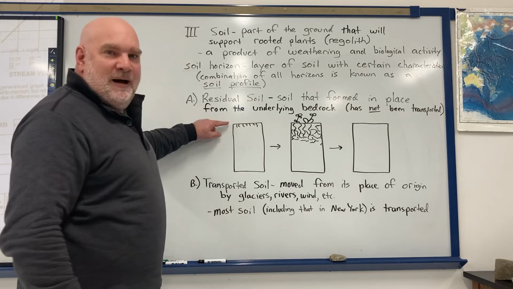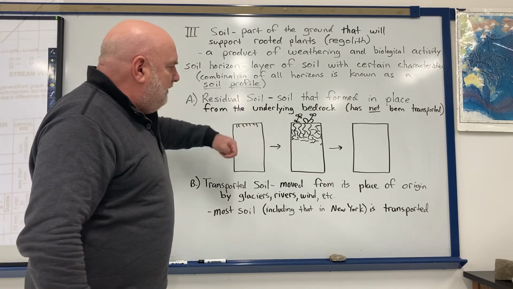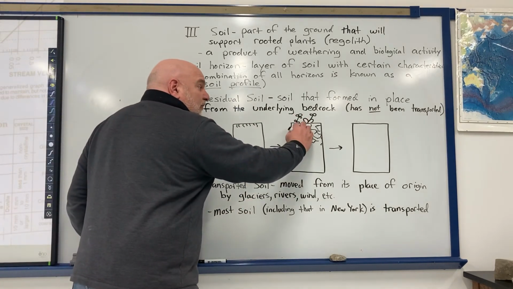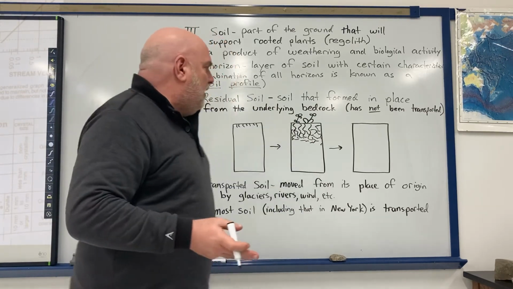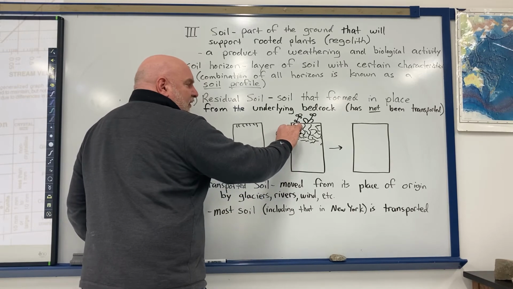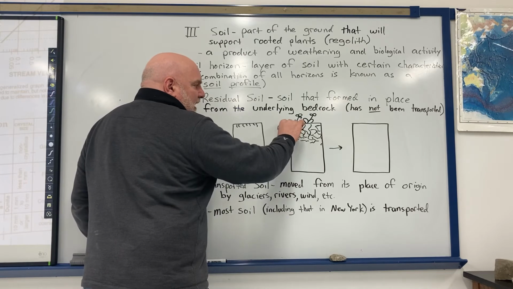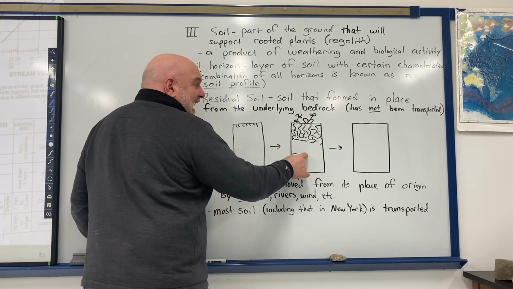But as time goes by and this breaks up more and more, the water could penetrate farther down, the air could penetrate farther down, and the plants' roots get in there. So I start to get root action breaking the rocks apart. Now the part that can hold plants is more broken up, which allows even more plants to grow. So now this part here is all broken up, and the solid rock is down here.